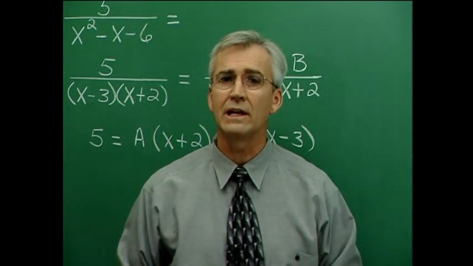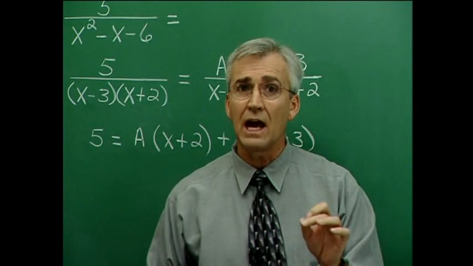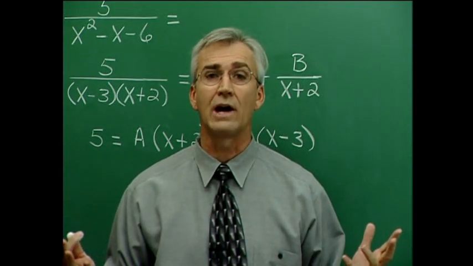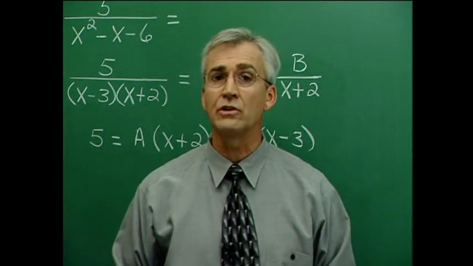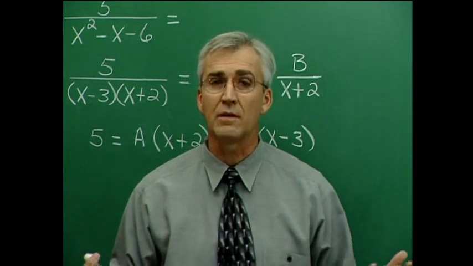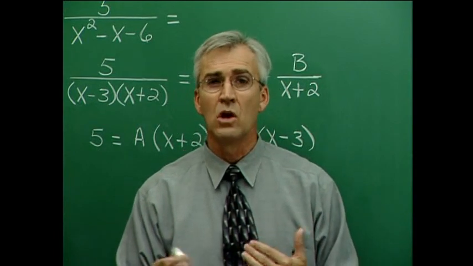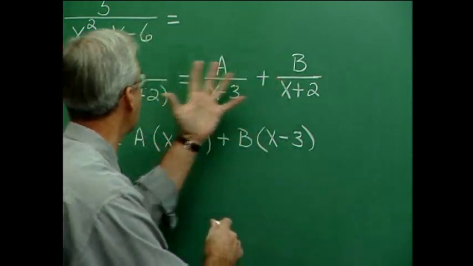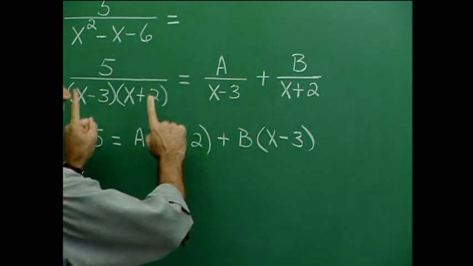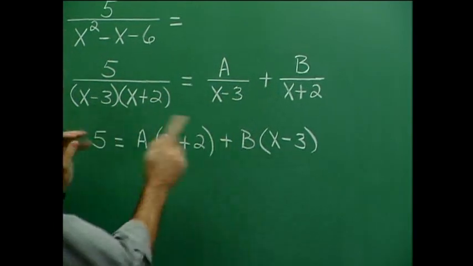You may recall that an identity is an equation which is true for all real number replacements for x. Identities are often used in the description of properties, like the distributive property. We set up an identity right here, that this fraction is equal to that fraction for all values of x. That's the idea.